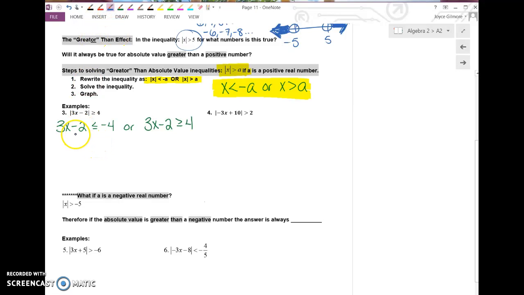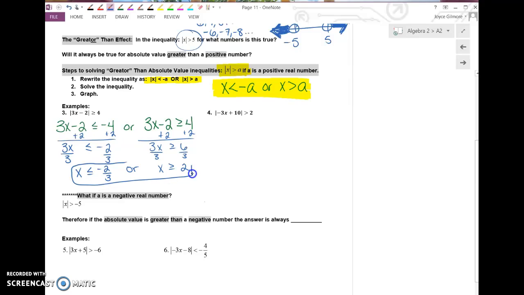So we add 2 to both sides. Divide both sides by 3. Same thing on the other one. Put the word or in between your two solutions.